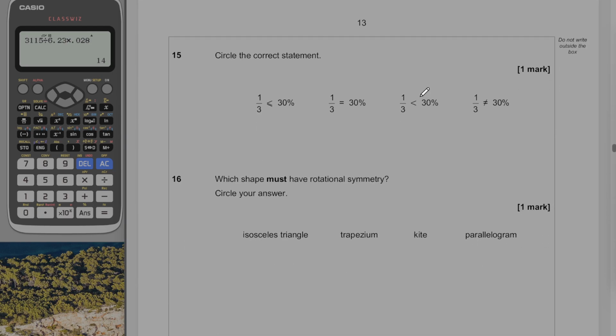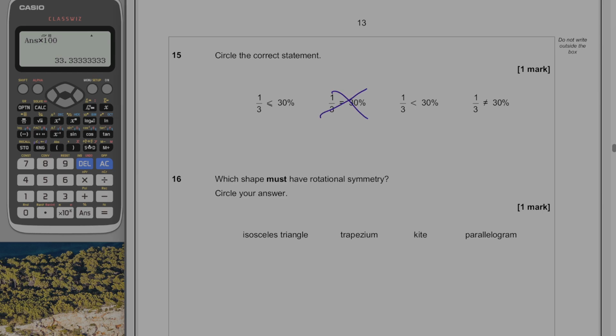All right, question 15. Circle the correct statement. And then we've got 3 statements, all relating to a third and 30%. So technically speaking, a third as a percentage is going to be equal to 33.33333333. So it's not equal, and it is not equal.